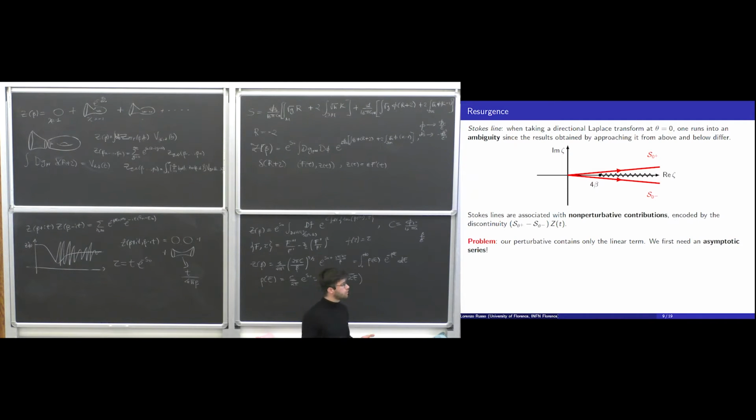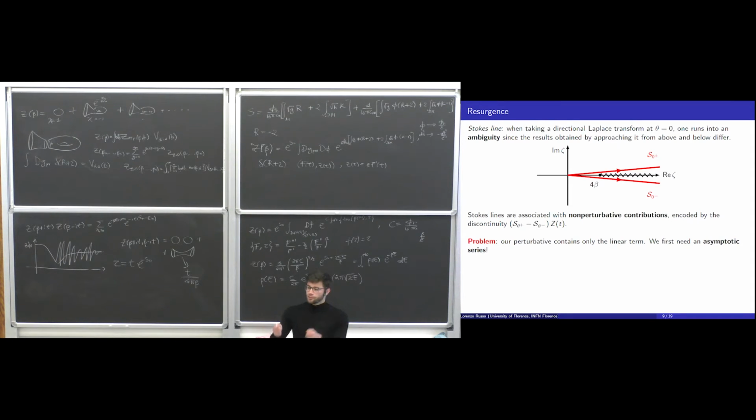Yes, that's true, but this is where the Cheshire cat resurgence comes in. Basically, the idea is that our perturbative series truncates because we are on some unfortunate point in the parameter space of our theory. We expect that by moving away from this peculiar point, our perturbative series would reappear.